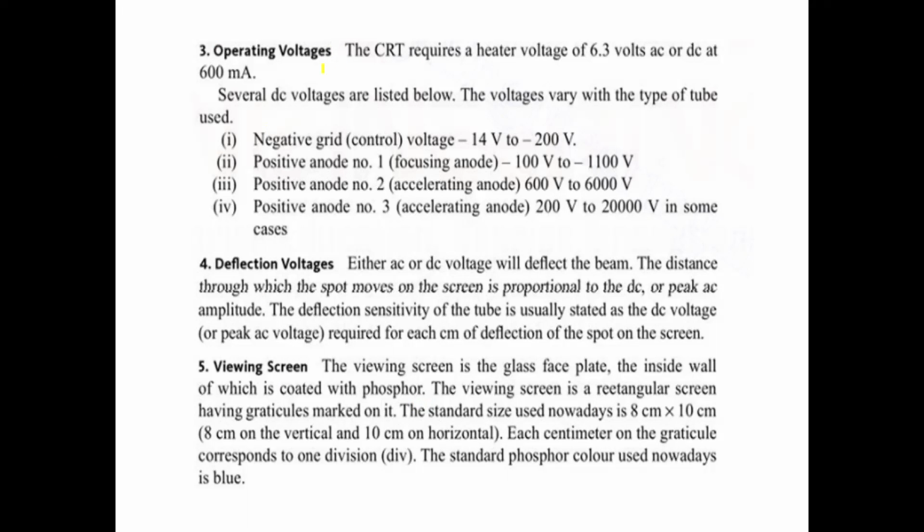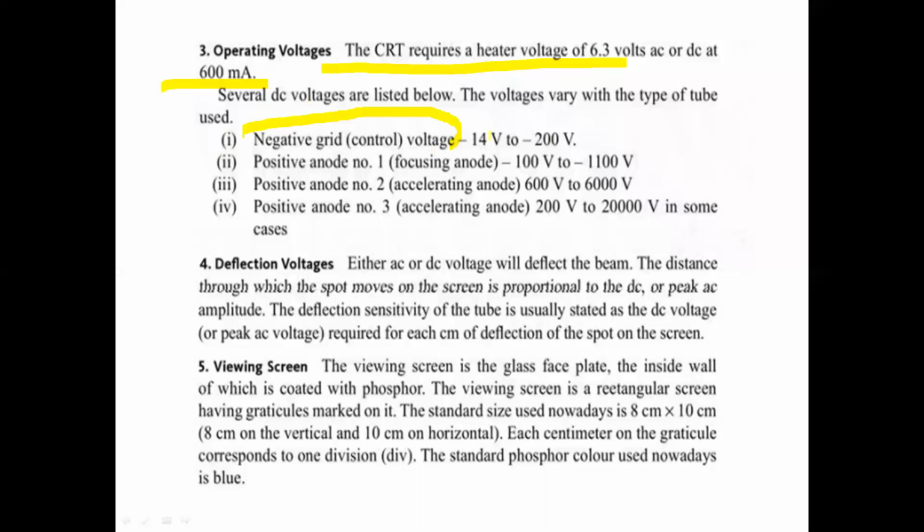So the CRT requires a heater voltage of 6.3 volts AC or DC at 600 milliamps. Okay, so different voltages, operating voltages use చేస్తాము చూడండి. Critically negative voltage apply చేస్తామని చెప్పాను కదా.